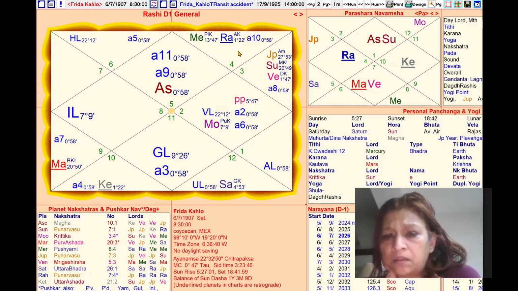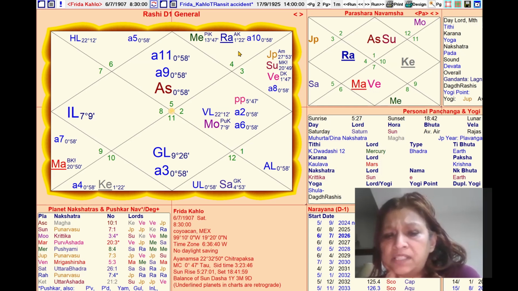Yeah, but why do you say it's the second one? UL2 is not Libra? If you look at the UL, I haven't even looked at the UL right now. UL is in the 8 with Saturn. So the UL in Pisces is a problem, number one.